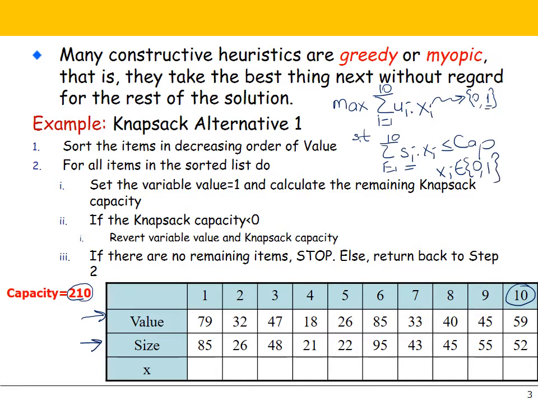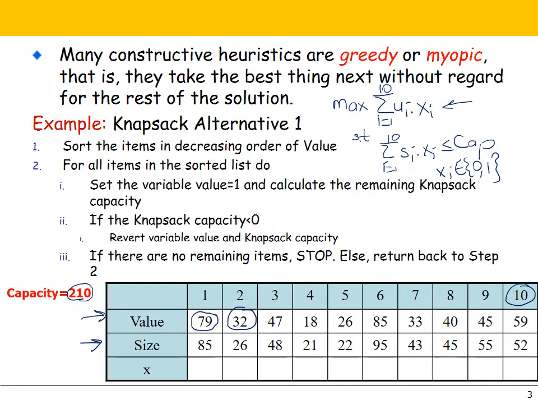If you look at the objective function, we try to maximize the total value, the total utility. If you look at these values, for example, compare item 1 and item 2. The value of item 1 is 79 and the value of item 2 is 32. Which one will you prefer? According to this objective function, you should prefer item 1 because it has a higher benefit.